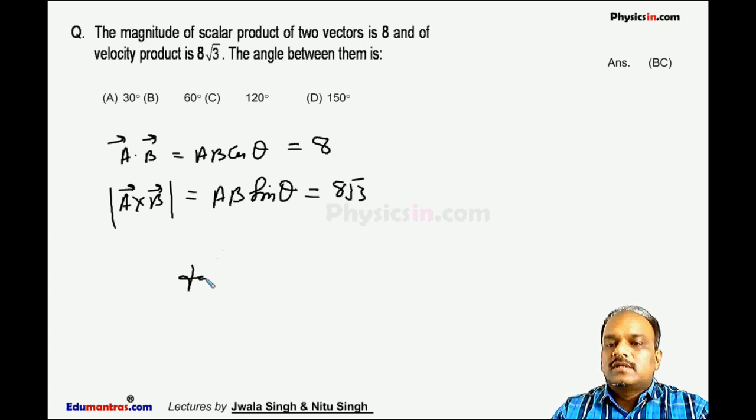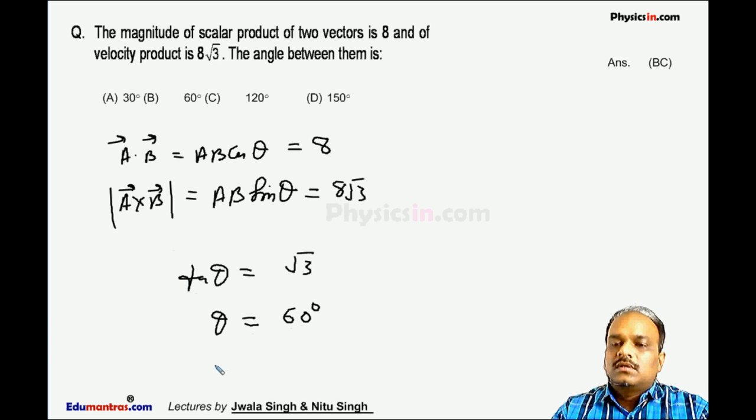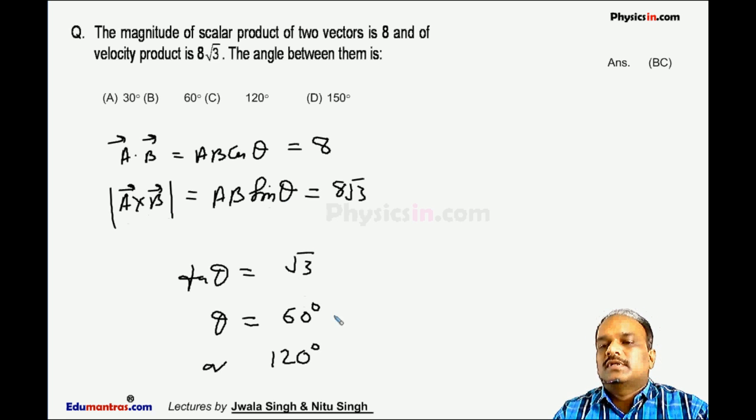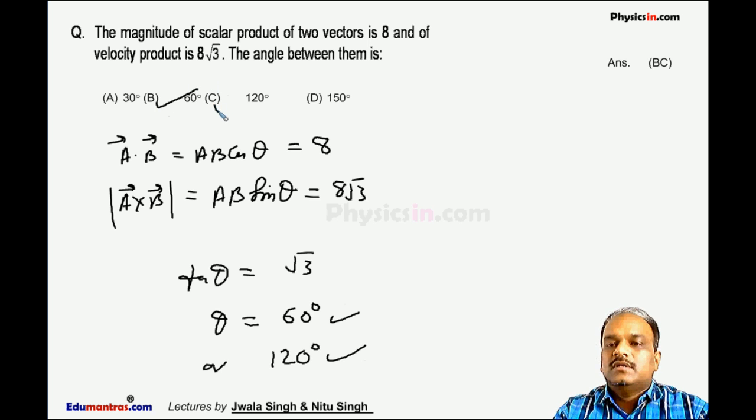So tan theta is equal to root 3, which means theta is 60 degree, or also 120 degree, because we have taken the modulus here. So the angle may be 60 degree or 120 degree. Both answers are correct, so it is B and C.